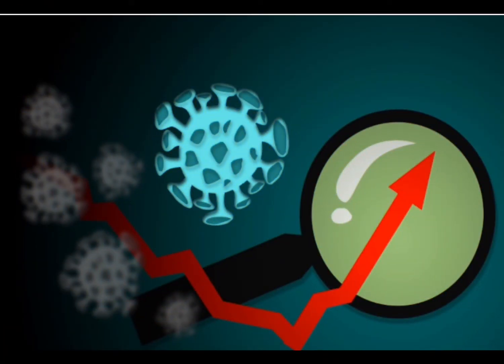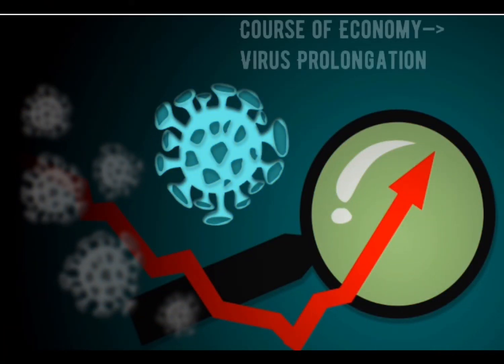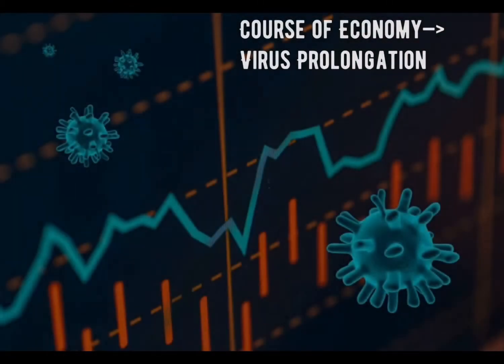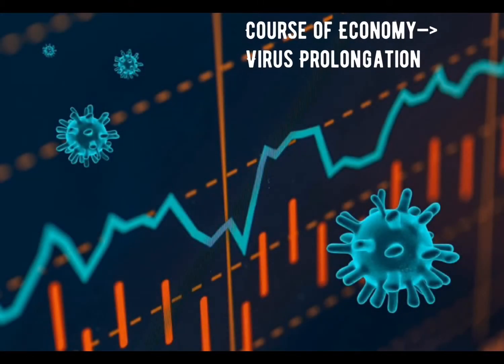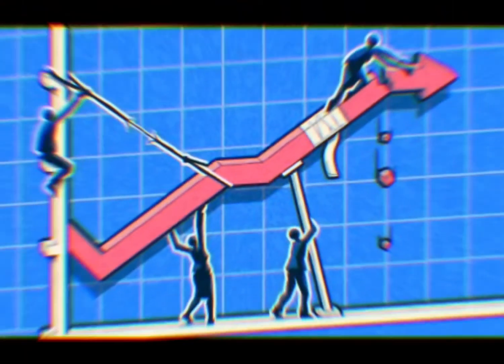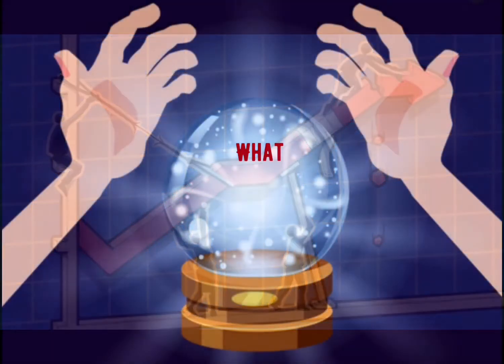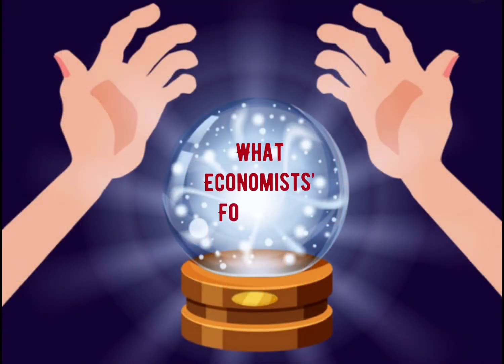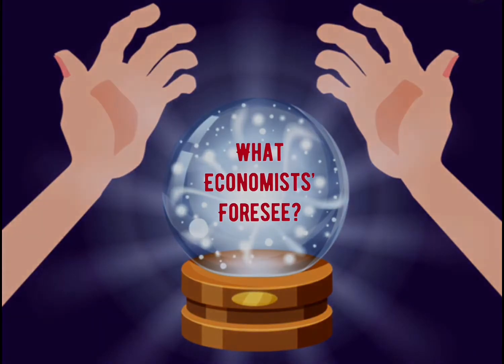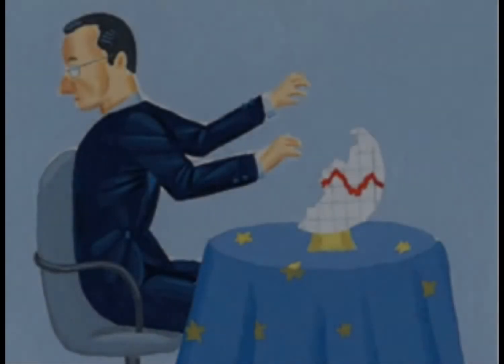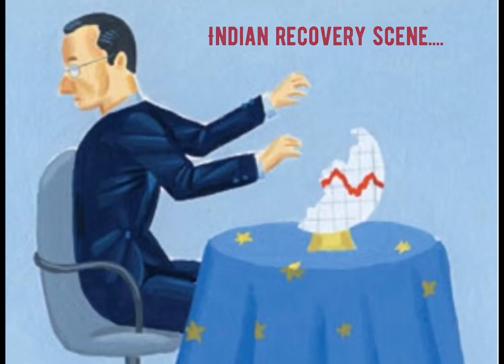Looking from an economic perspective, the path of the economy would depend significantly on the course of the virus. As long as the pandemic persists, the longer it would take to reach recovery. Let's see what economic experts have to put forth as far as the Indian economic recovery scenario is concerned.